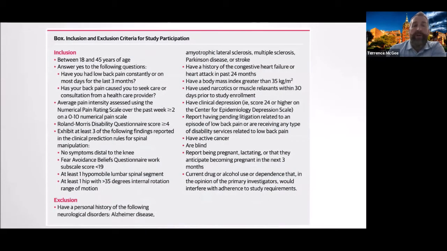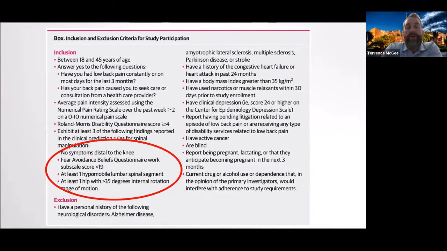The inclusion criteria, the real big thing I wanted to focus on here was, if you're familiar with the work of Flynn et al., looking at a clinical prediction rule for finding patients that might benefit from lumbar regional manipulation, they found 4 factors that, not guaranteed success, but when all of them were met, the likelihood of success was extremely high.